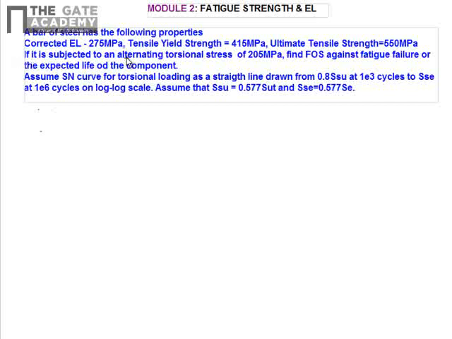If this material is subjected to an alternating torsional stress of 205 megapascal, find the factor of safety against fatigue failure or the expected life of the component, and assume the SN curve for torsional loading as a straight line drawn from 0.8 times SSU at 1000 cycles to SSE at 10 power 6 cycles on a log scale. Assume SSU as 0.577 times the SUT and SSE as 0.577 SE.